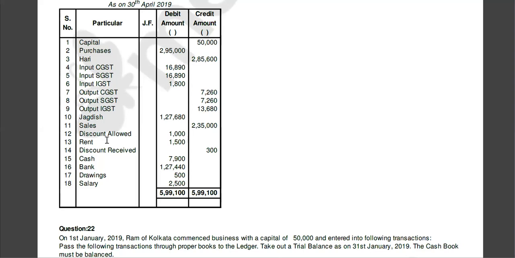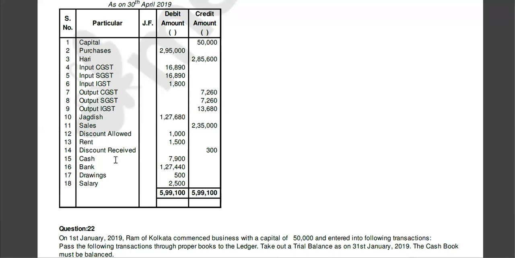Rent paid, rent account debit to cash account, then rent nature is debit, 1,500. Discount received, cash account debit to discount received. So now discount received nature is credit, 300.